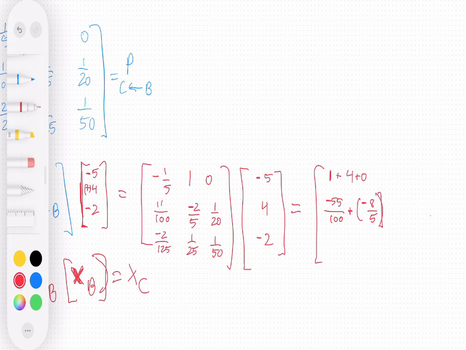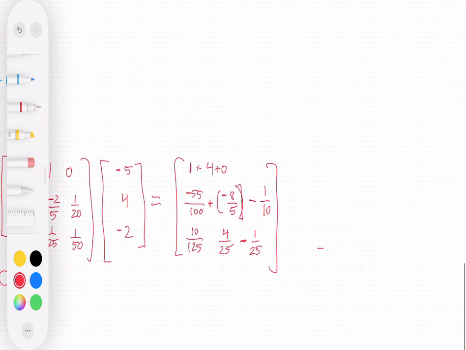And then we'll do -2 over 20, which is going to give us -1 over 10, but I put the minus sign there. And then finally we've got -5 times -2 over 125, which is going to give us 10 over 125. Then 4 times 1 over 25, which is going to give us 4 over 25. And -2 times 1 over 50, which is going to give us -1 over 25.